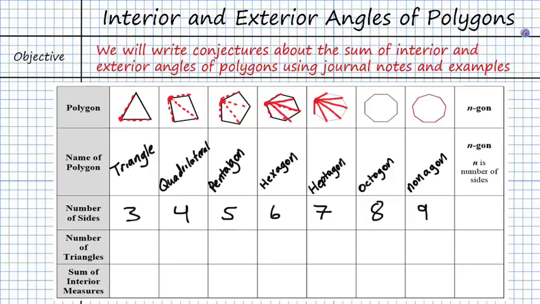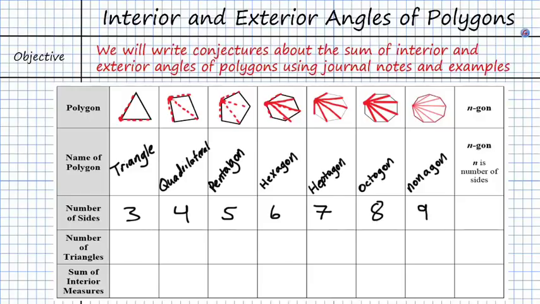Alright, and then so on and so forth. And then finally we have our nonagon. Alright, so let's look at this and see if we can find some pattern that's occurring here.